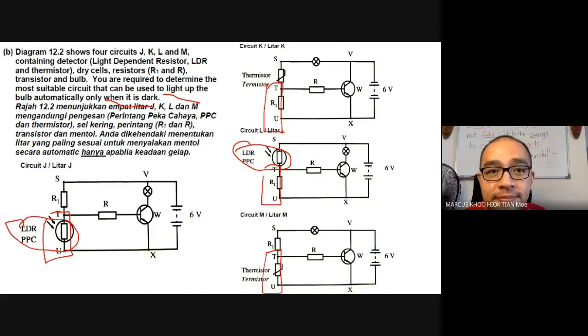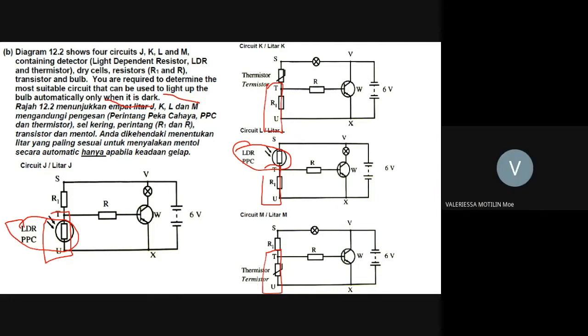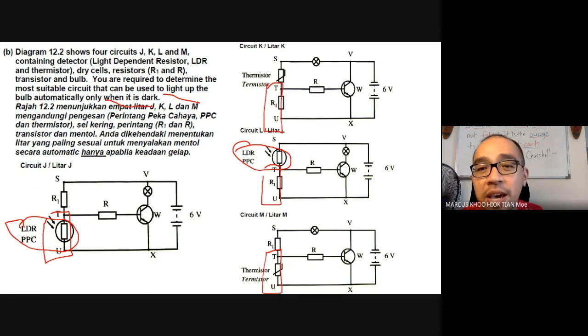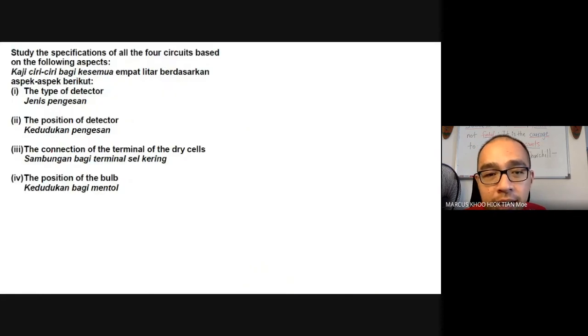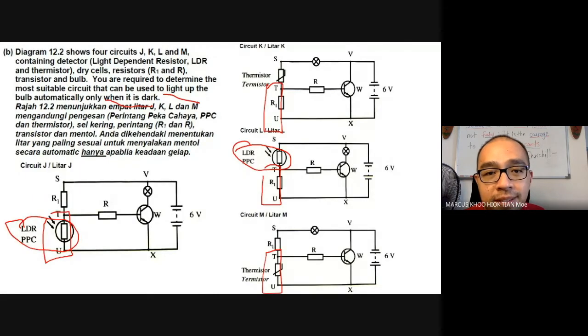Why? I don't know. You don't know. Okay, it's okay. Next, connection of the terminal of the dry cells. Okay, this is even more tough because just now the question had cell 1 and cell 2. Okay, how about this? Wilson.